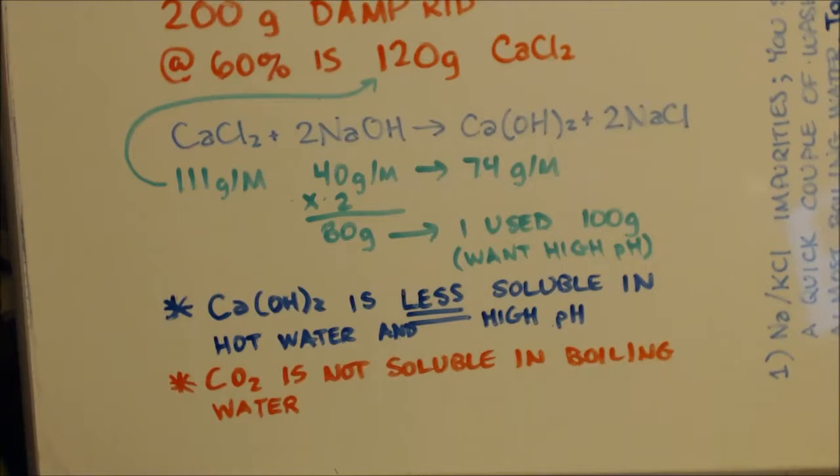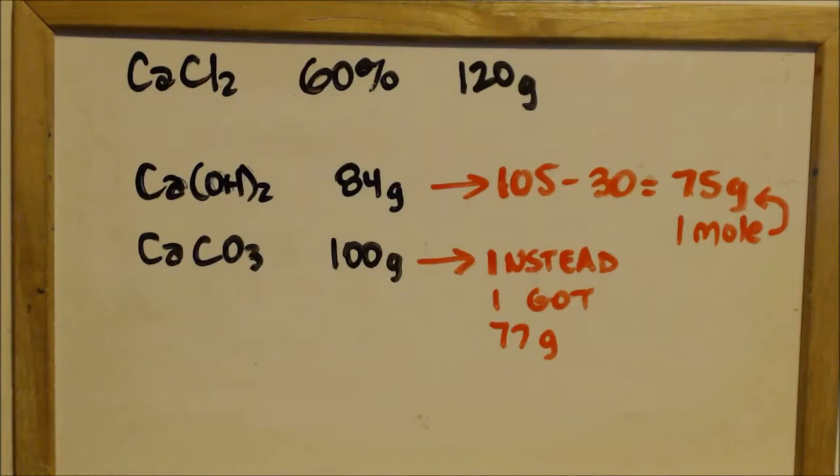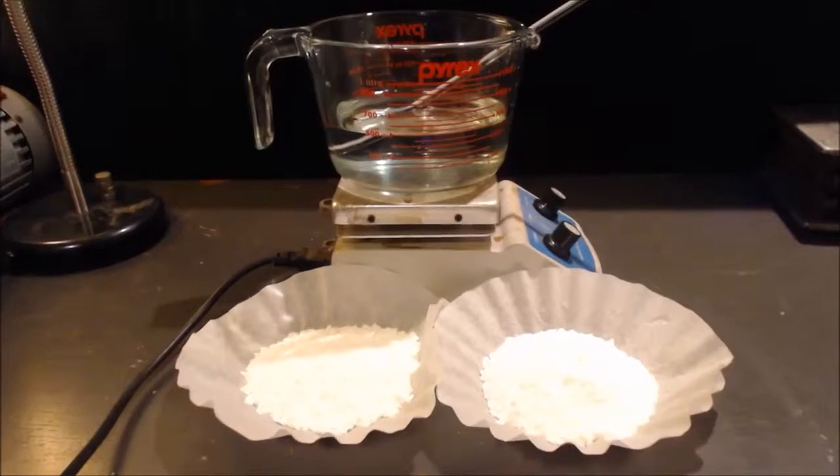You'll have impurities. I basically did this video because I've tried to make hydroxide several times, and it just keeps turning into a carbonate. You can't have any carbon dioxide around when you're making a hydroxide or storing a hydroxide.